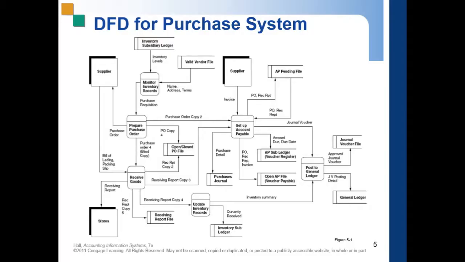So if the predetermined reorder point is achieved, a purchase requisition is prepared and sent to the prepare purchase order function. So here, the person monitoring the inventory will prepare the purchase requisition, which will be forwarded to the person assigned to prepare the purchase order.